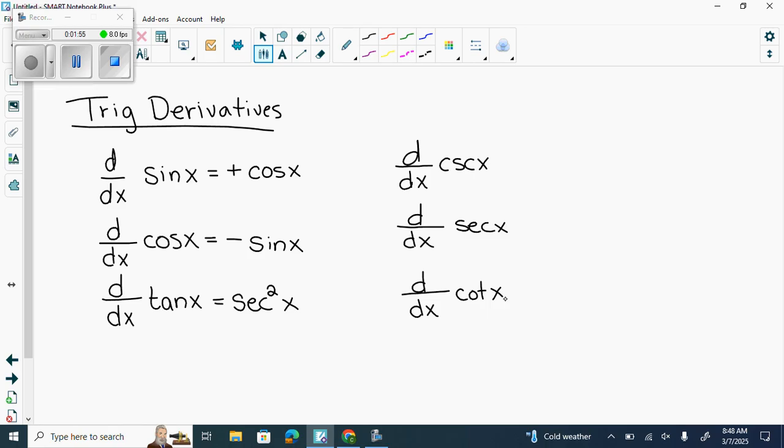At the very least, negative, because they start with c's. The derivative of cosecant x is negative cosecant x cotan x. And then this one is secant x tan x. And then this one is negative cosecant squared x.